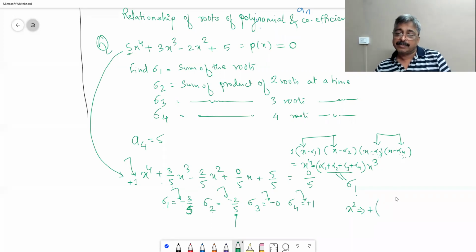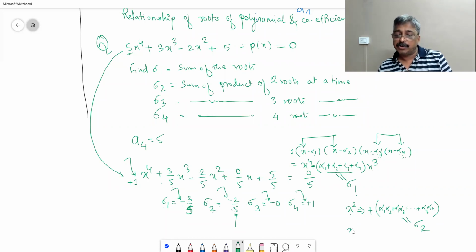That summation is alpha 1 alpha 2 plus alpha 1 alpha 3 plus dot dot dot plus alpha 3 alpha 4, at a time two roots. We call this sigma 2. Therefore, plus sigma 2 is the coefficient of x square, which is minus 2 by 5.